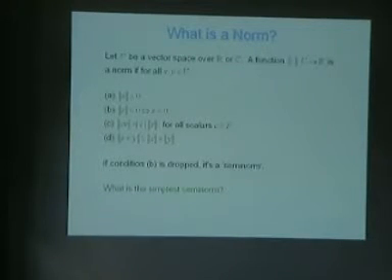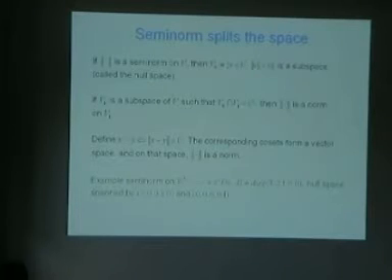There's something called a seminorm, which is a norm without the condition that the norm is zero only at x equals 0. If you don't have that condition, let's ask what's the simplest seminorm? Well, actually it's this. It's not a very useful seminorm, but it is a seminorm. This is true for all x. The seminorm, in a sense, splits the space.